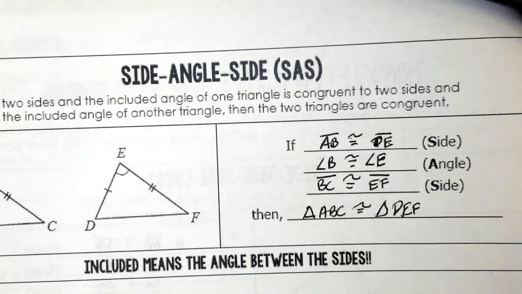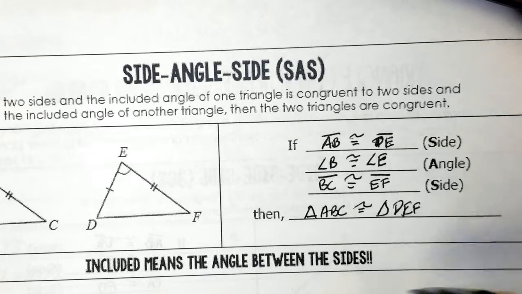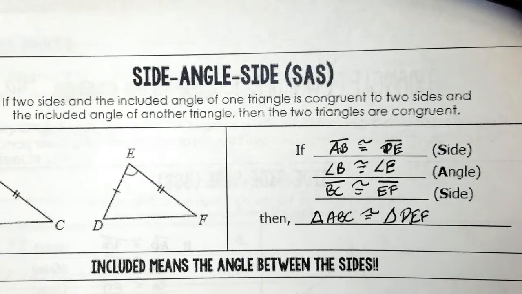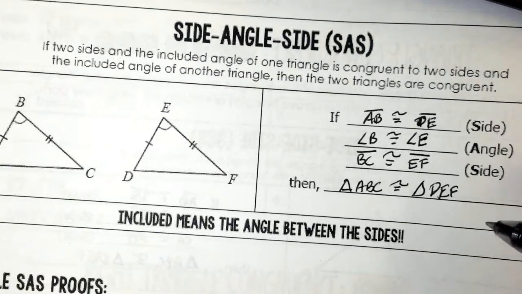This is side angle side congruency. Included means the angle in between the sides. I'm sure y'all know that now.